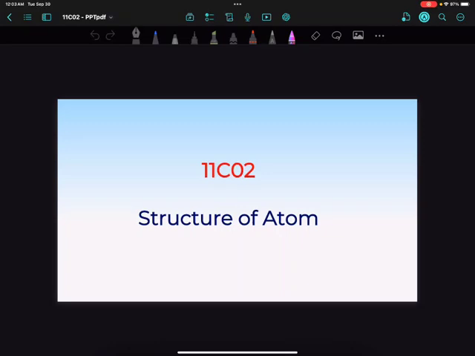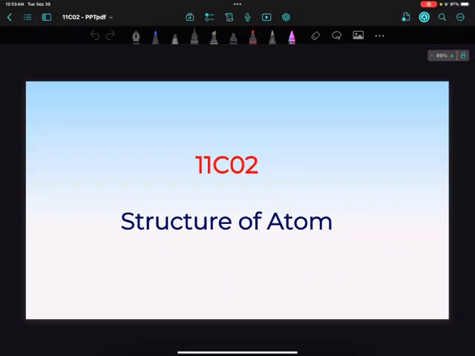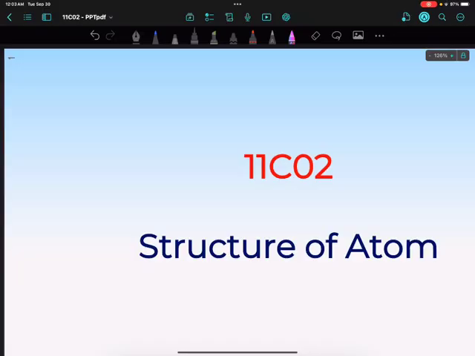Today let's start with the second chapter of chemistry, that is structure of atom. Talking about this topic, it will be purely factual. It will consist of factual information.